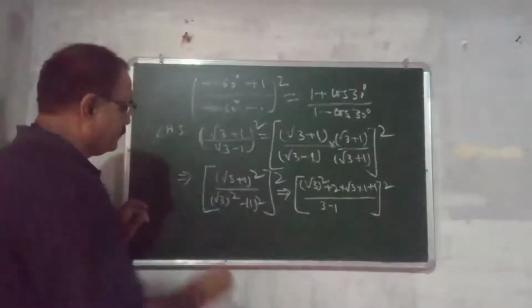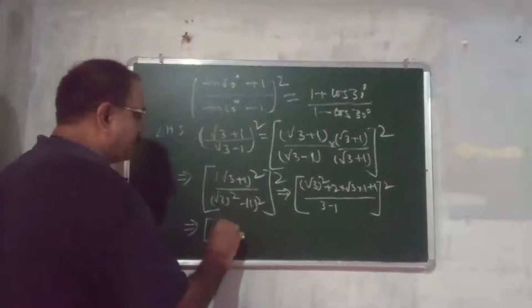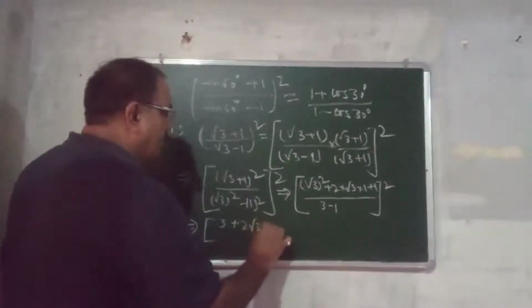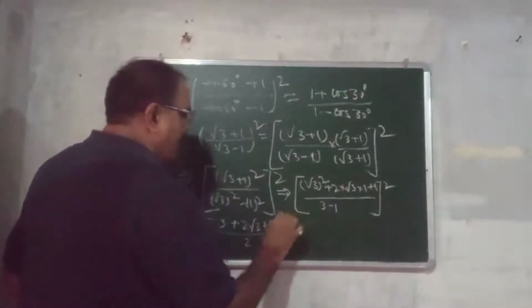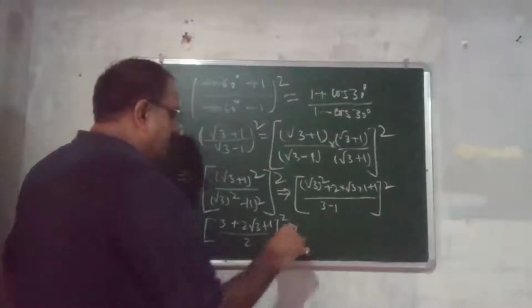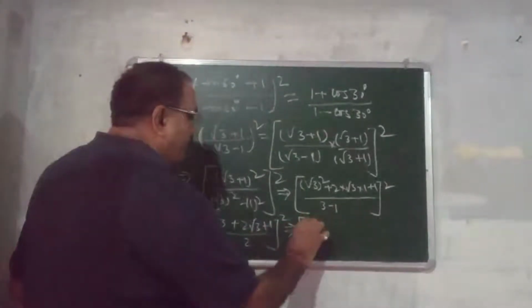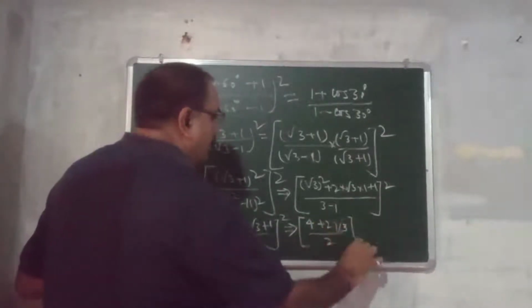So it becomes root 3 square means 3, plus 2 root 3, plus 1, by 2, their square. This equals 3 plus 1, 4, plus 2 root 3, by 2 square.